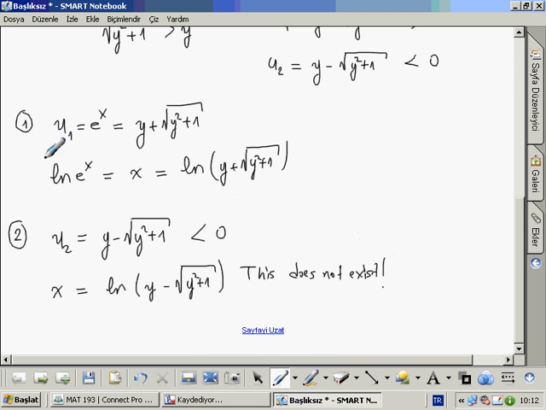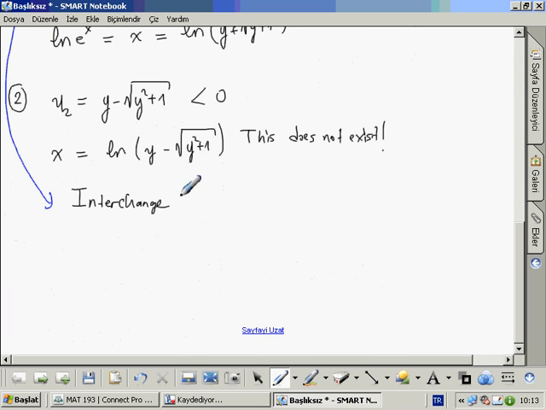Okay, continue from the first part, and interchange x and y.